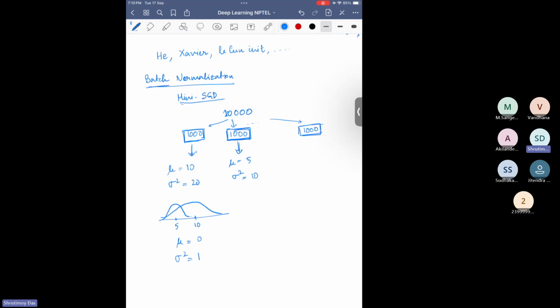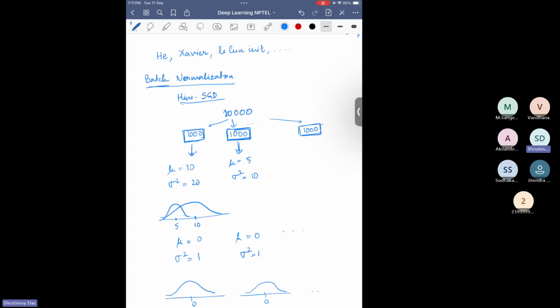For batch 1, it is this. For batch 2, it is this. And similarly for all of the other batches. So now you have some very nice looking data: the first batch has mean 0 and variance 1, the second batch has mean 0 and variance 1, and so on.